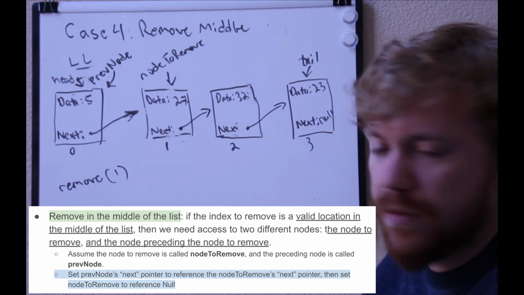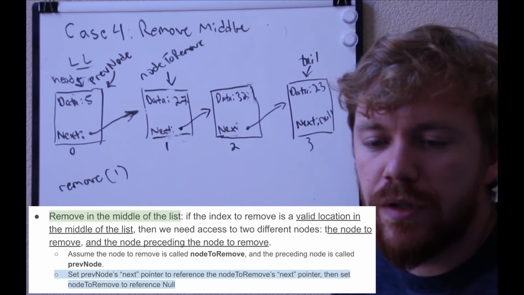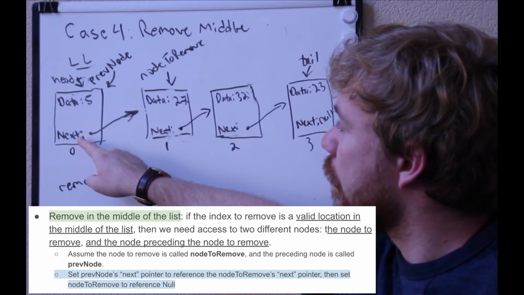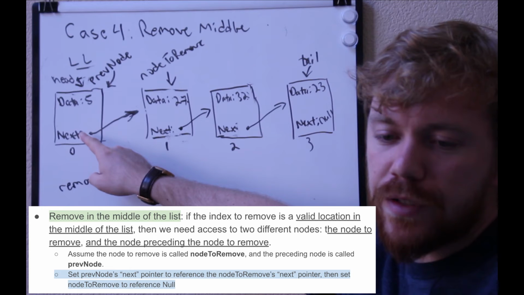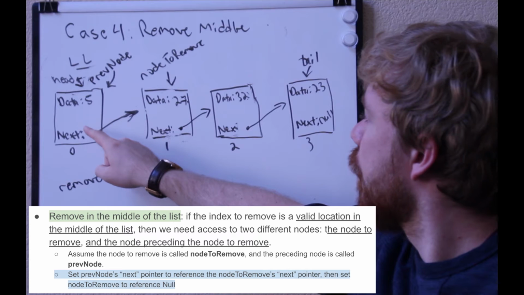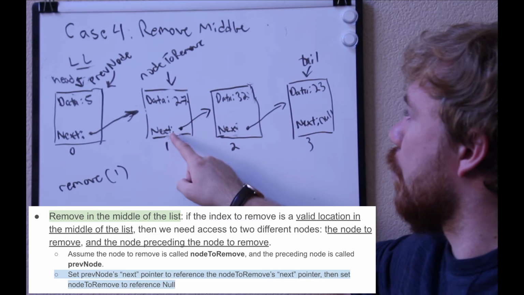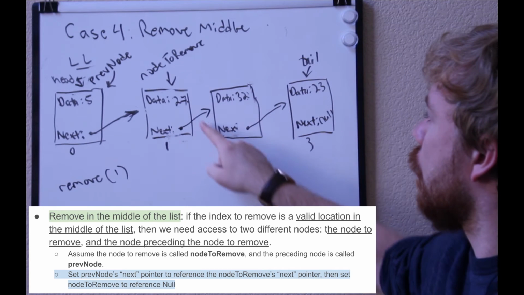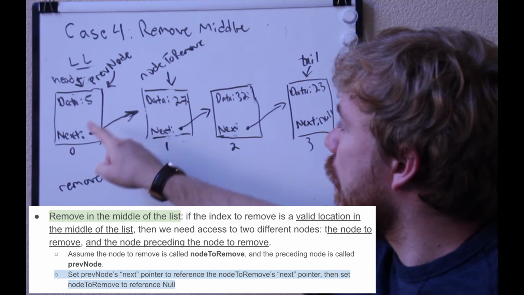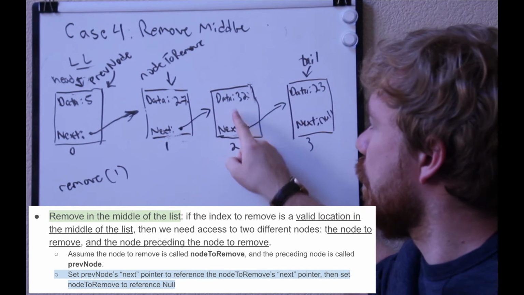And so the idea is to set the previous node's next pointer or variable to reference the node to remove's next pointer. So if we look at the node to remove, its next variable or pointer references this node right here. And so what we're saying is this previous node's next should reference this guy's next, which is this guy.